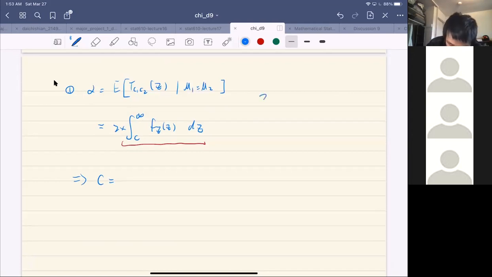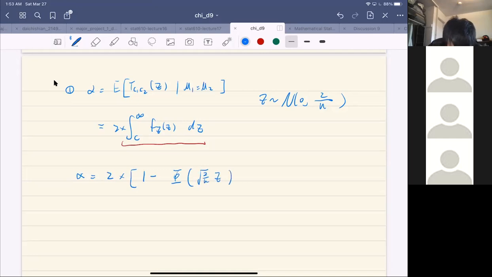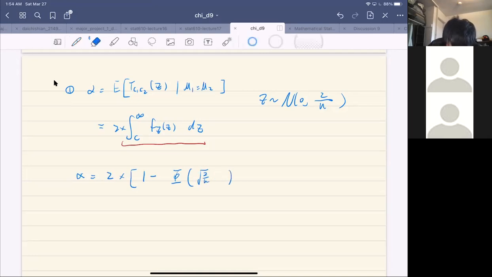The Z is normal with sigma. So alpha is equal to 2 times y minus this.